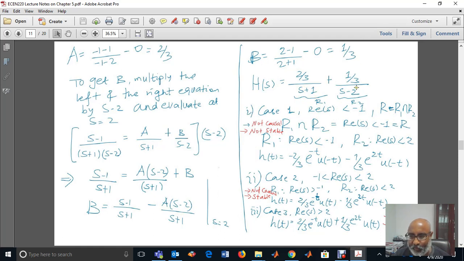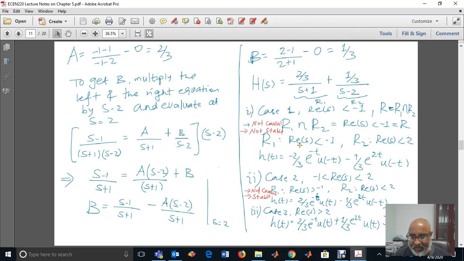What about the region of convergence of R2? R2 has 2 possibilities, greater than 2 and less than 2. But to be in the common region, what is the common region? The common region is real of s less than minus 1. To be in the common region, which option should we choose? Less than 2.